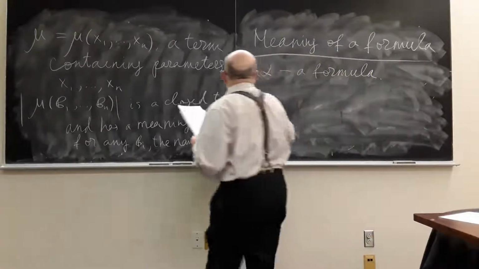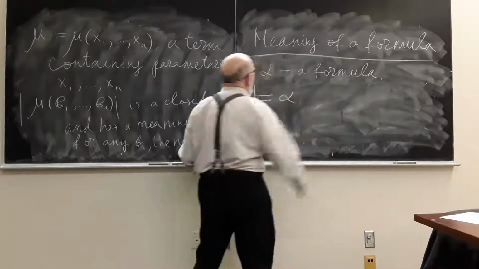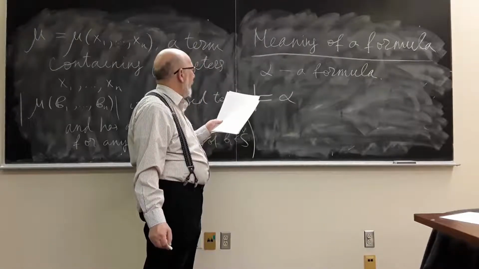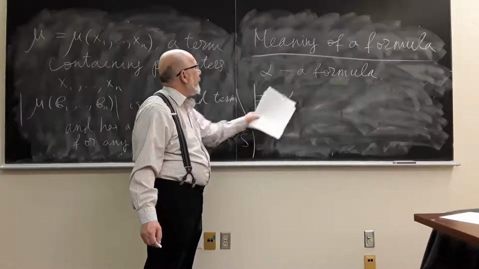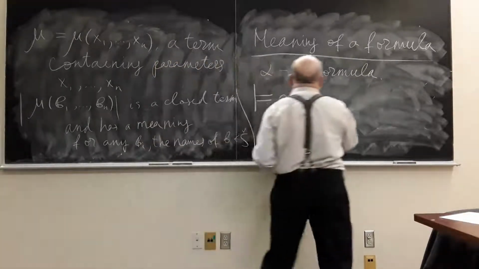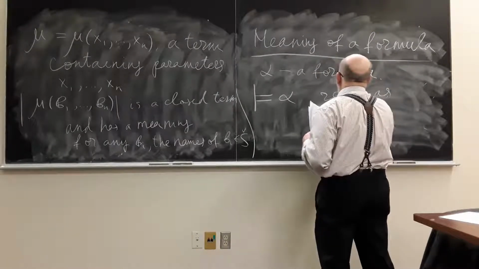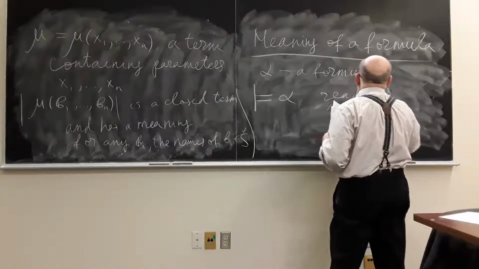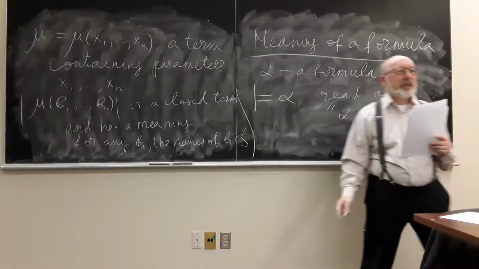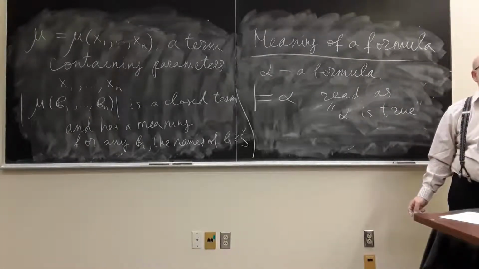The notation is alpha. So this is the meaning of alpha. What is written here is read as "alpha is true." So this statement can itself be true or false, of course.